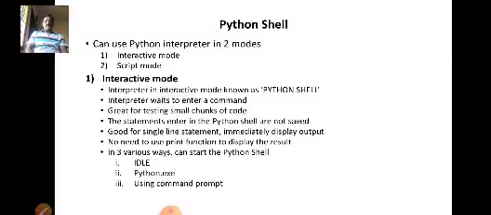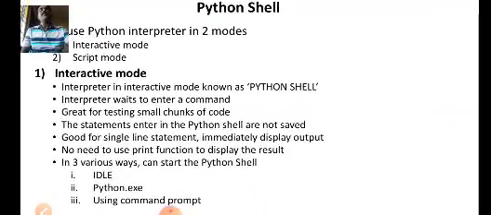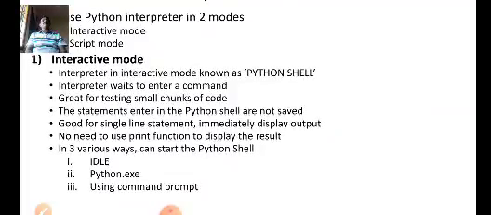Python shell. In the Python shell, we can execute Python programs in two ways, or two modes. One is the interactive mode, another is the scripting mode. In interactive mode, the interpreter is known as the Python shell.